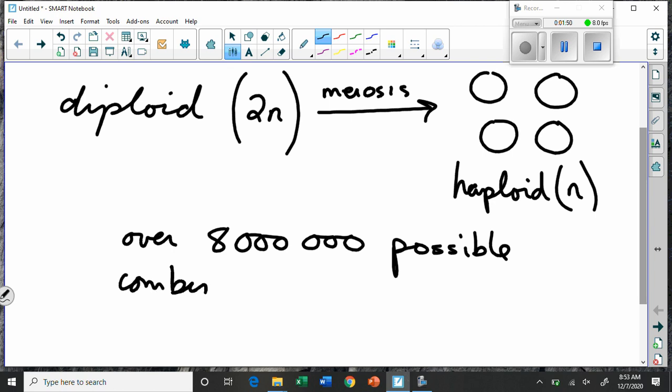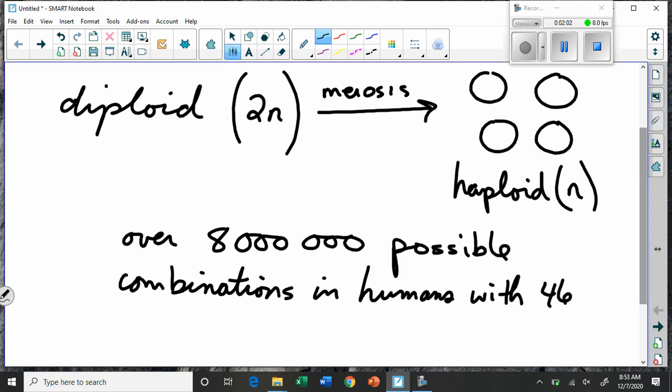Combinations of genetic material produced by meiosis in humans, because we have 23 pairs. We have 46 chromosomes. So what that means is every time you produce an egg or a sperm, there's over 8 million possible ways that the genes could be rearranged. So there's 8 million different possible sperm or different possible eggs, which is quite interesting.